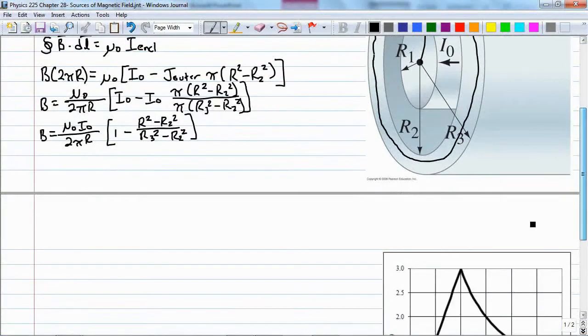And now this can be simplified even more. If I make this 1 equal to r3 squared minus r2 squared over r3 squared minus r2 squared, that gives me a common denominator.